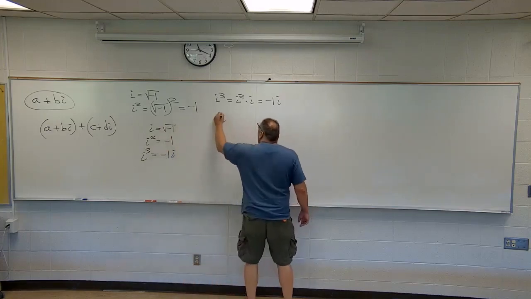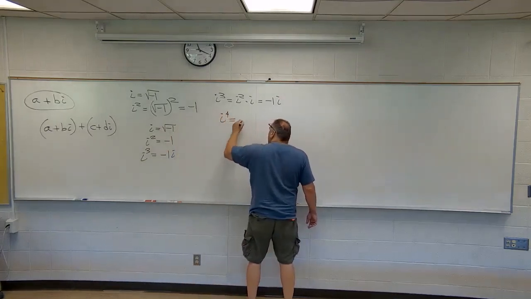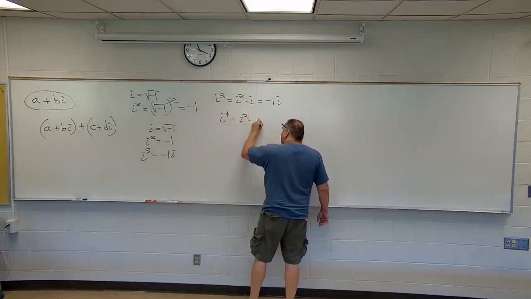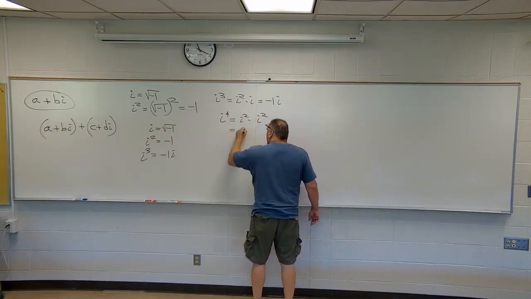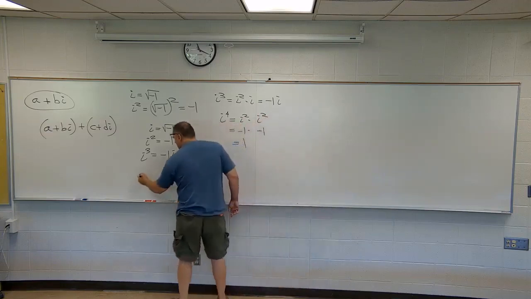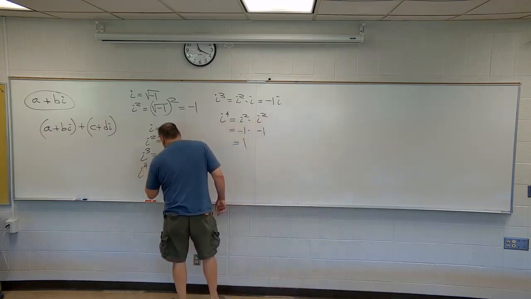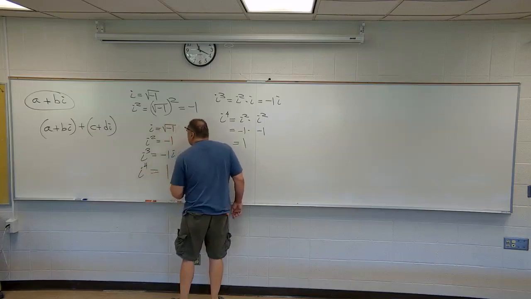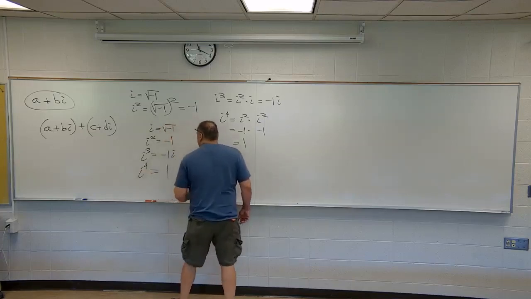And I to the fourth is I squared times I squared, which is -1 times -1, which is 1. It comes full circle. And that'll just keep rotating around, you guys. So what do you got here?